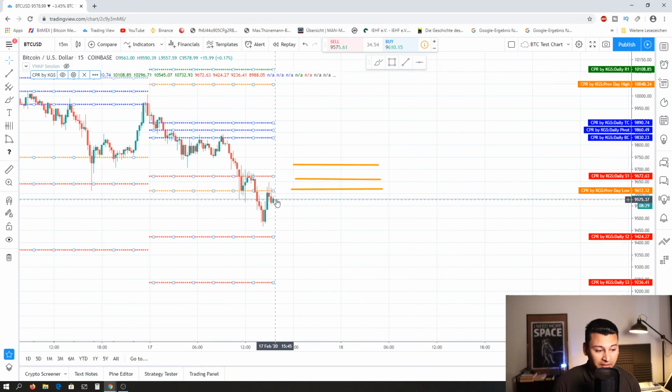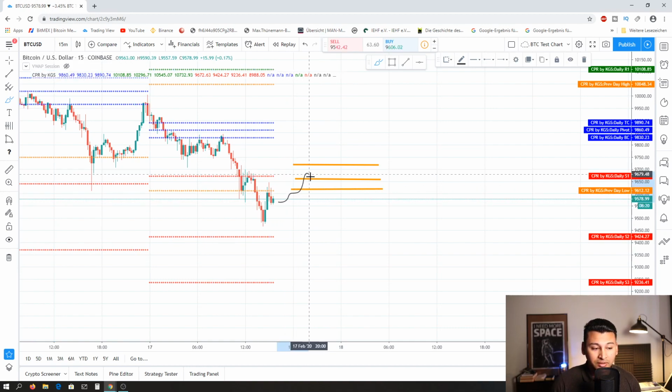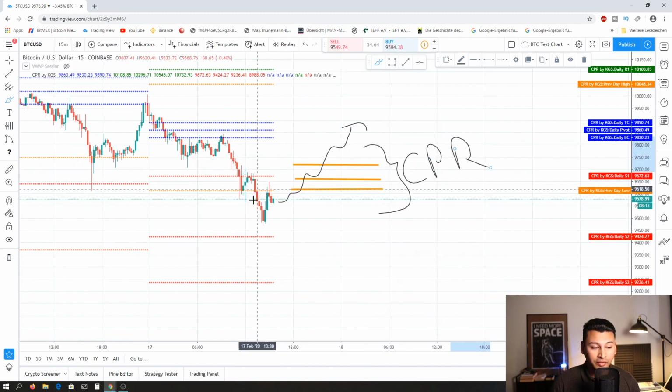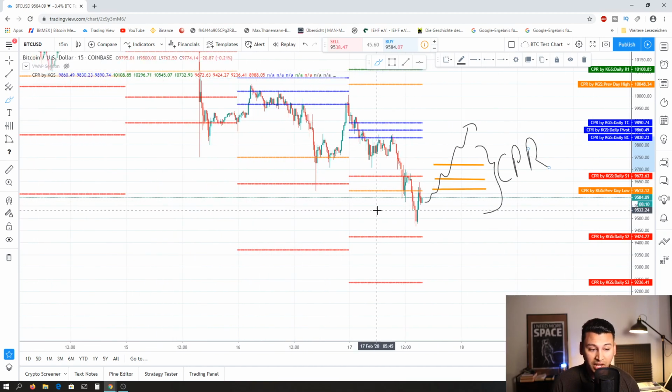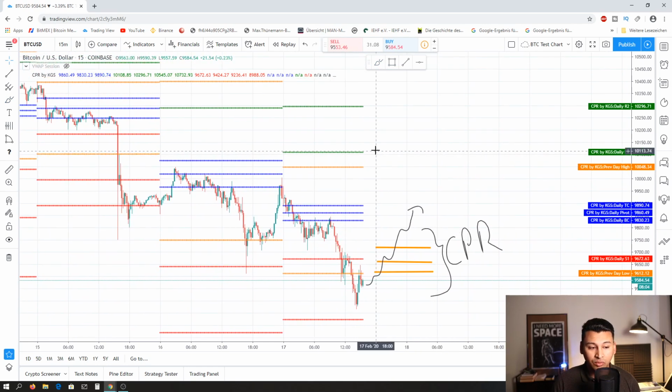So we are here. And what does Bitcoin need to change the trend? It must close the day above this CPR area. This is very important if Bitcoin wants to change the trend of the market. It has to close the day above the CPR area or the resistance area, R1, this area.